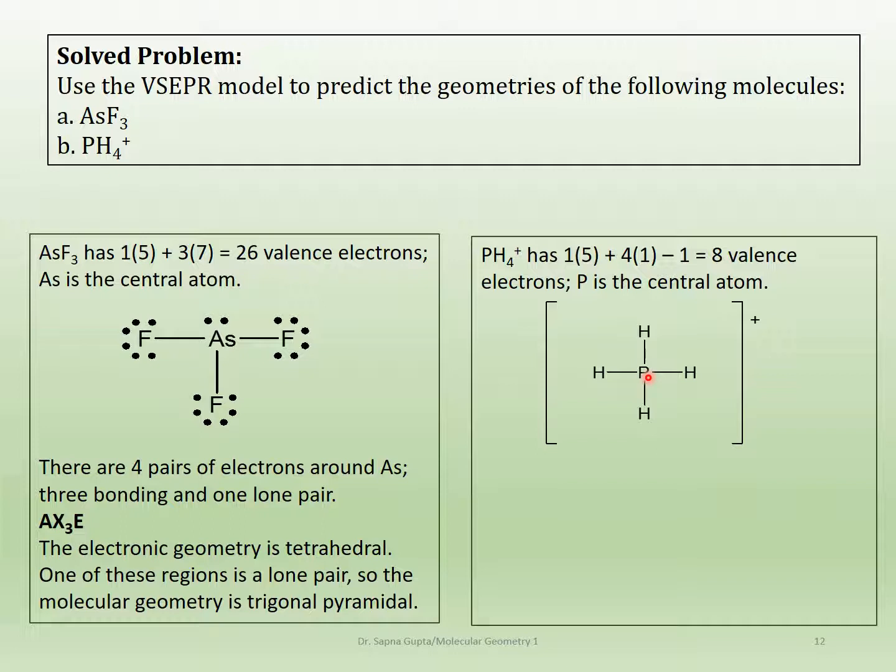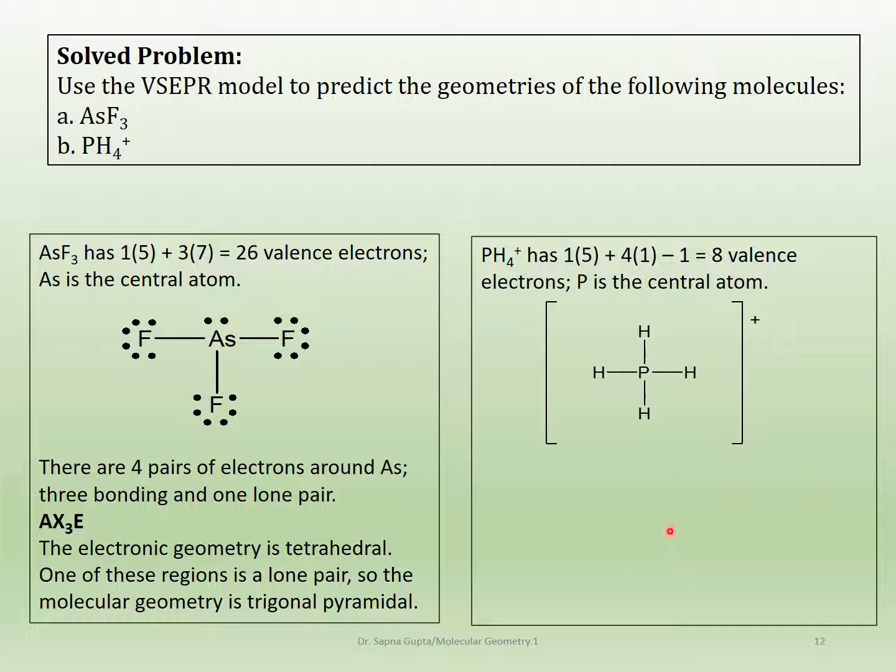Phosphorus is the central atom, and here are the 4 bonds, which means that phosphorus is sharing all the 4 electrons with the hydrogen, and these are all the 8 electrons accounted for. So there is no lone pair left anywhere, no extra electrons, because you actually got rid of 1, so you put everything in square brackets and put the charge outside. That shows you that you have the right Lewis structure for this.